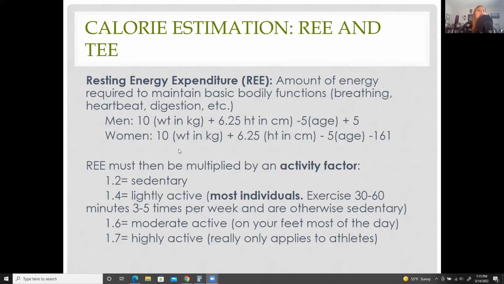So back over here, you can just take your REE or your BMR and multiply it by either 1.2, 1.3, 1.4, and so on and so forth. And that is basically going to give you the numbers that you saw on the other screen. That is your total energy expenditure, or TEE, and that is going to be your maintenance calories.